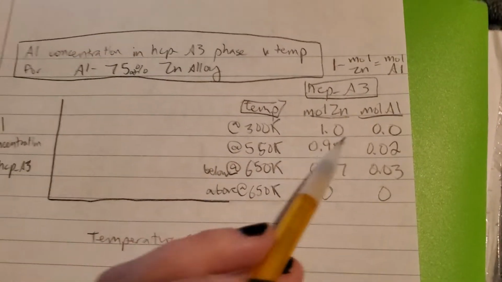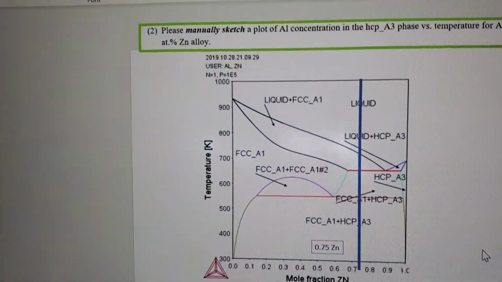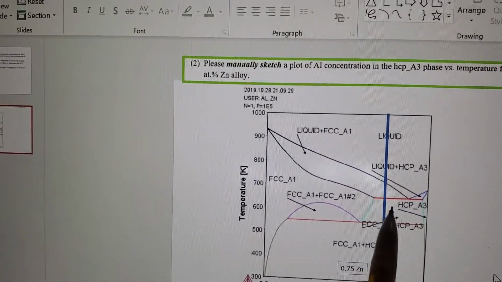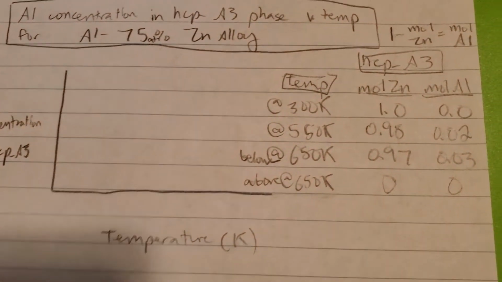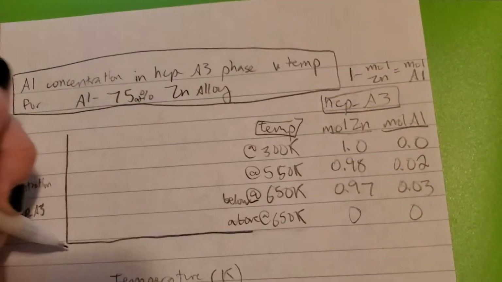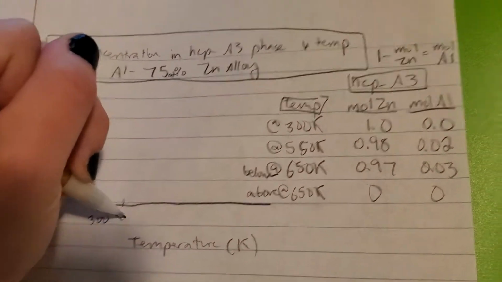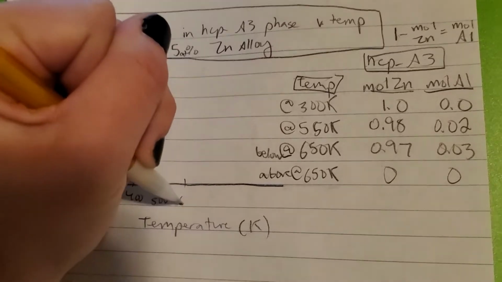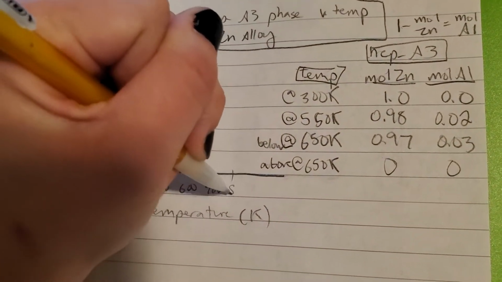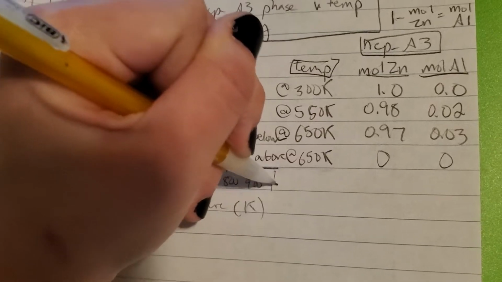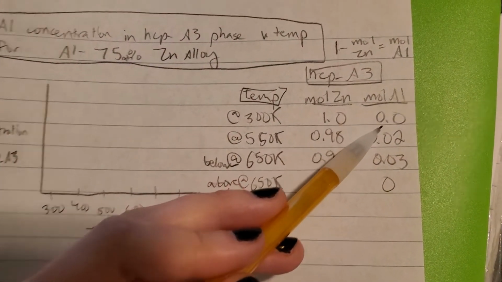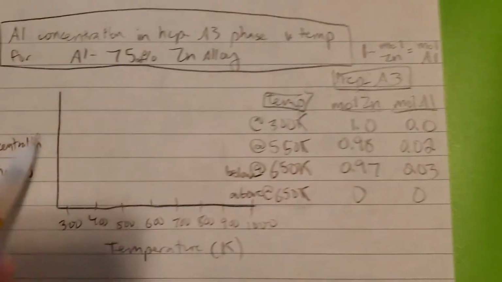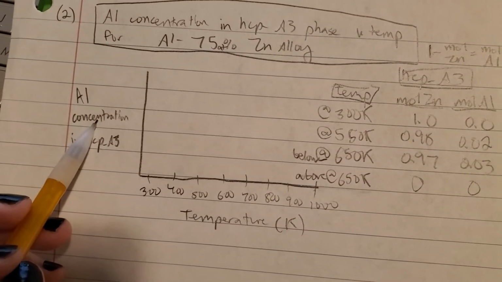So now we're going to take our information that we used based off of this diagram of the points from 300 to 650, and we'll be able to plot the graph. So we'll do our temperature axes, and we'll use the values here for moles of aluminum because we're trying to get the Al concentration.